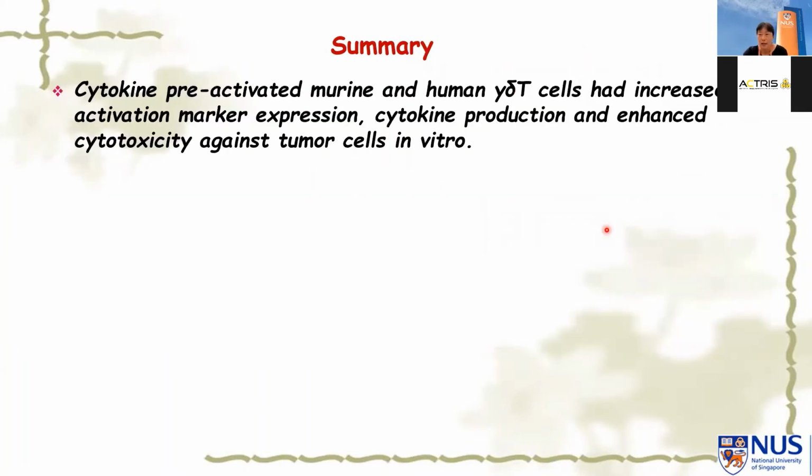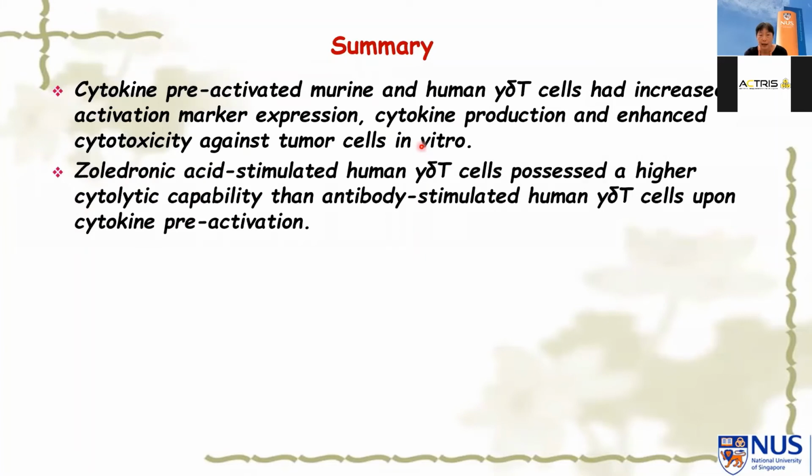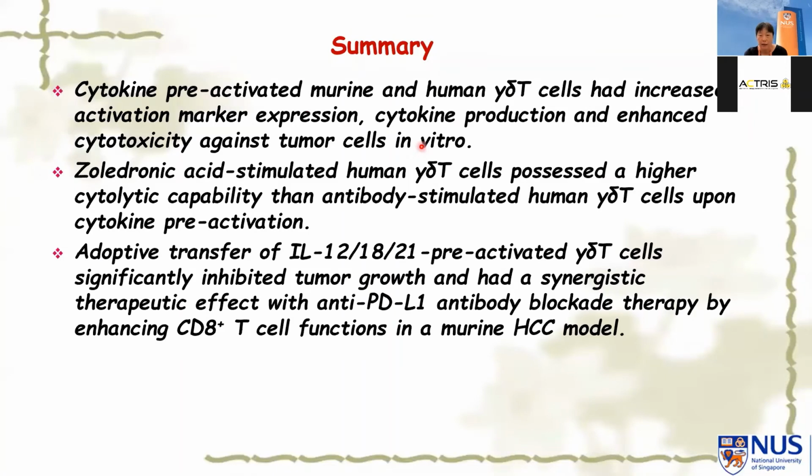So just a brief summary on the result I've just shown you, that the cytokine pre-activated murine or human gamma delta T cells have increased their activation marker expression, cytokine production, cytotoxicity. And then we found this phosphoantigen stimulation is probably better than antibody. V delta 2 is better than V delta 1.